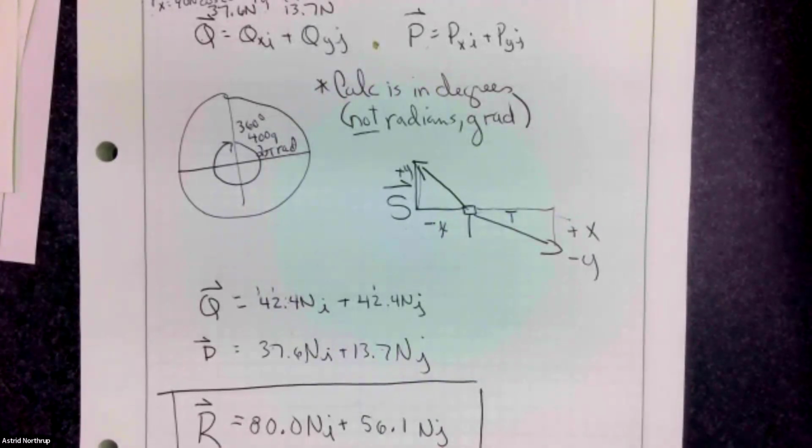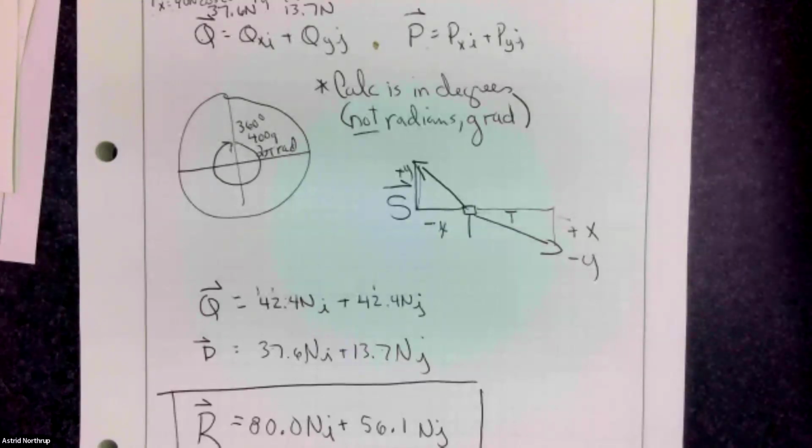Now, there are other ways to express this. If you look at this problem, you'll see, for example, that they're doing a trig solution and a parallelogram solution, and they're reporting the answer as a magnitude at an angle, which I will do for you.